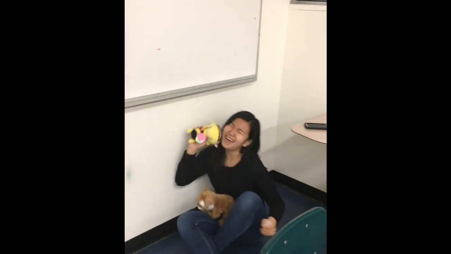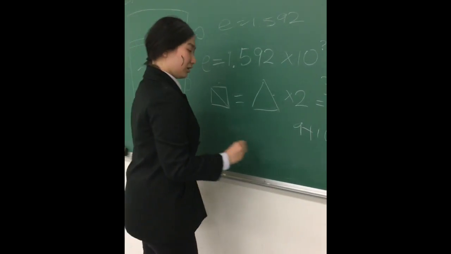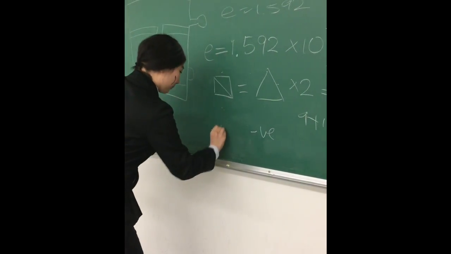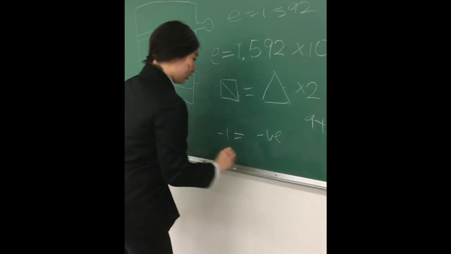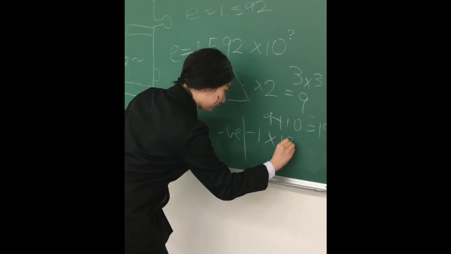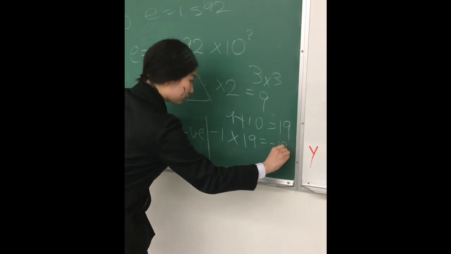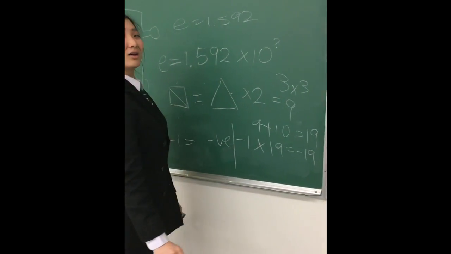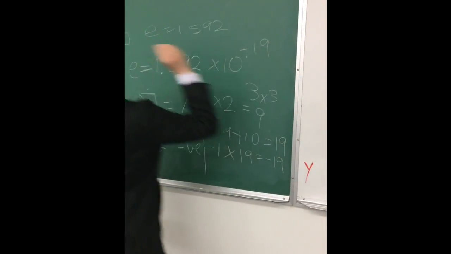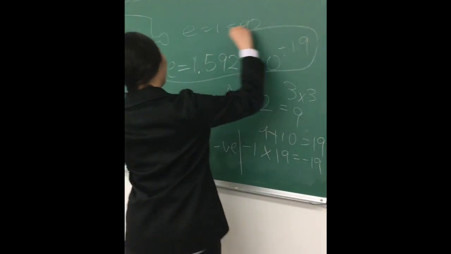My assistant is feeling very sad today. Sad is a negative feeling. -1 is also negative. -1 times 19 is -19. The puzzle is solved. The answer to the question of life is 1.592 times 10 to the power of -19.